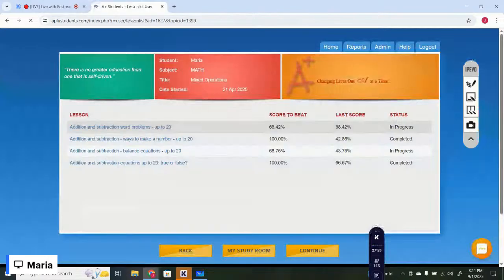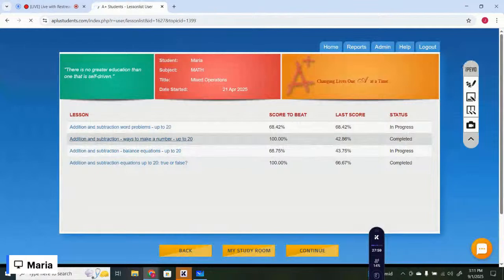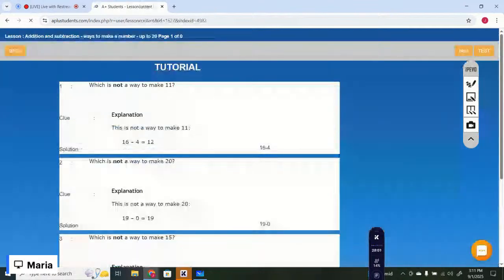Addition and subtraction ways to 20. Which is not a way to make 11?